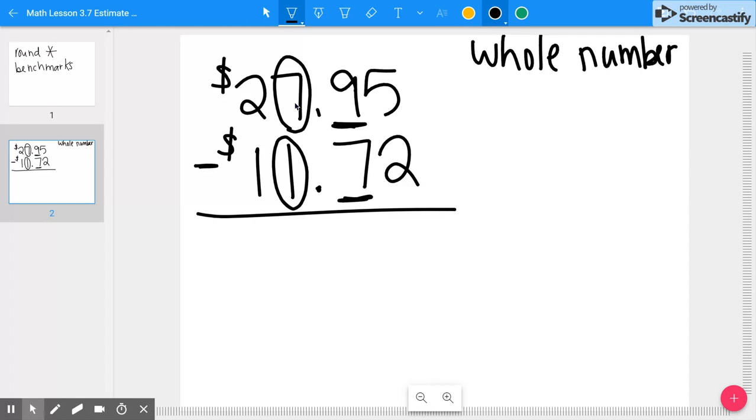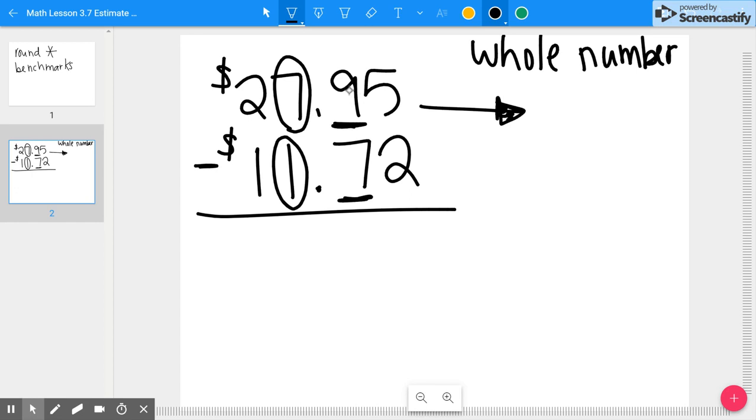If it's 5 or greater, so 5, 6, 7, 8, 9, you're going to add 1 to the number that's circled. If the number that's underlined is less than 5, so 4, 3, 2, 1, or 0, the number that's circled will stay the same.